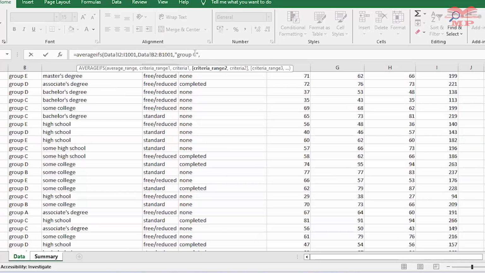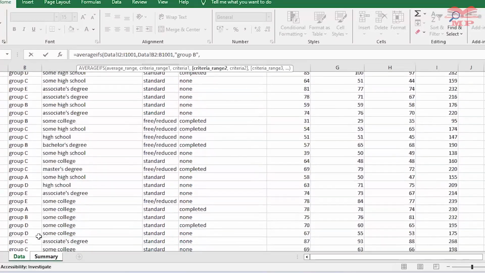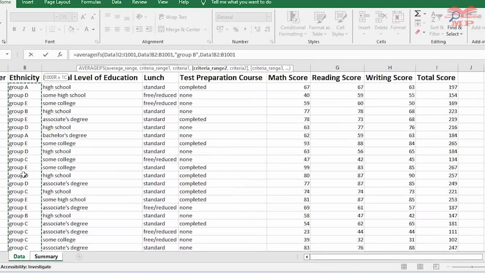Right, this should be group B, then group C. Criteria range 2, same criteria range. And this time I select criteria 2 would be C, and so forth. So I can repeat the same thing for all groups.